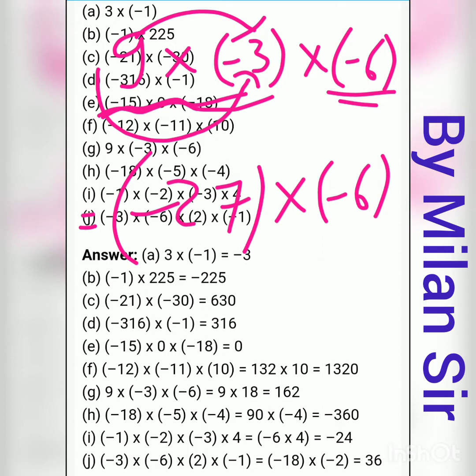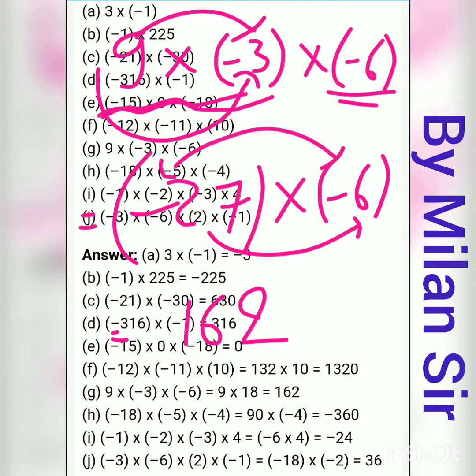So minus 27 multiply minus 6. Now 27 multiply 6: 7 6s are 42, then 6 2s are 12, plus 4 is 16. So 162, and both have negative signs. Minus minus is plus, so our answer is plus 162.